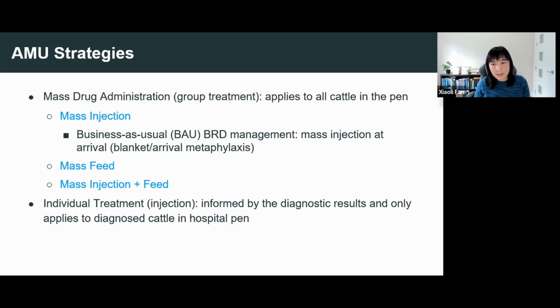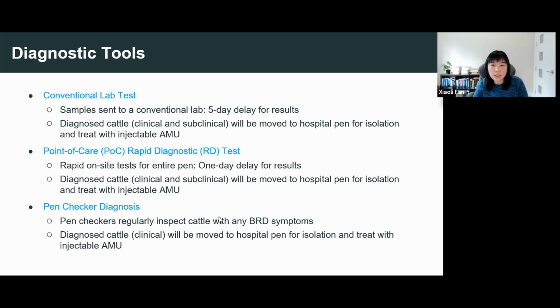Individual treatment means that the producer needs to pull out the diseased animals and then apply antimicrobials to the diseased animals, which, in order to be isolated, need some support of diagnostic results.